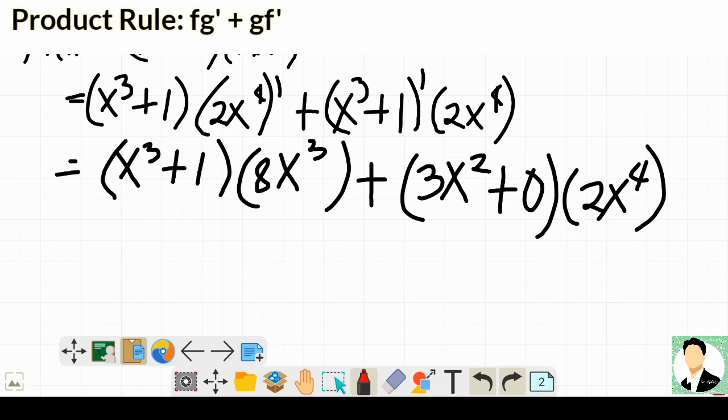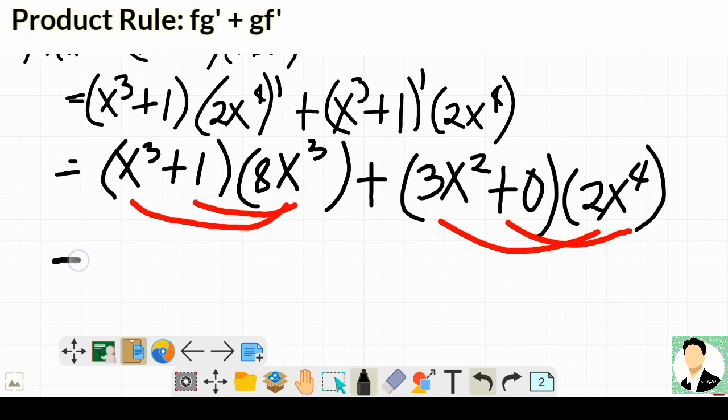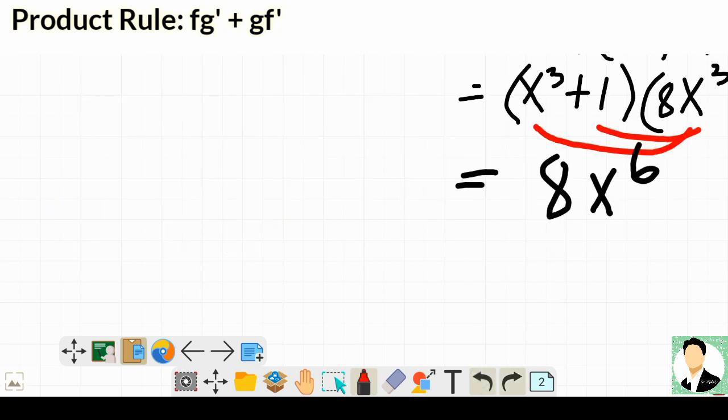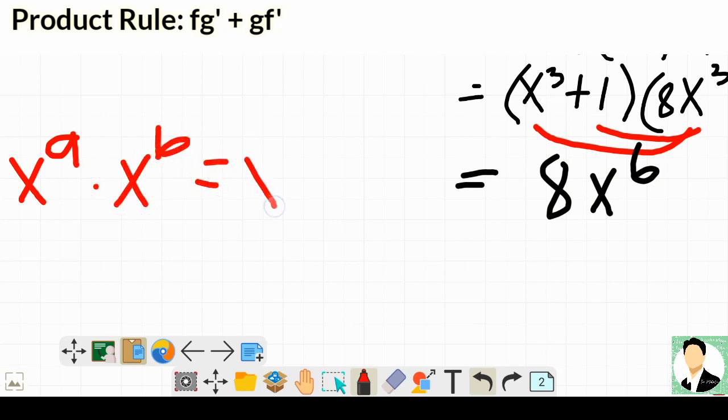So, ang next na gagawin natin is i-distribute natin ang 8x raised to 3 sa ating function. And then, ganon din sa kabila. So, x cubed times 8x cubed is equivalent to 8x raised to 6. So, 3 plus 3 is 6. Meron tayong rule na x raised to a times x raised to b is equivalent to x raised to a plus b.